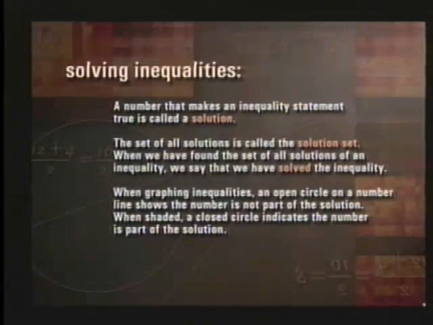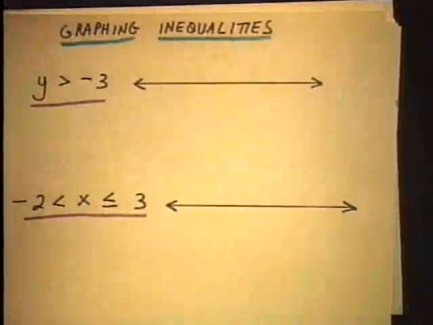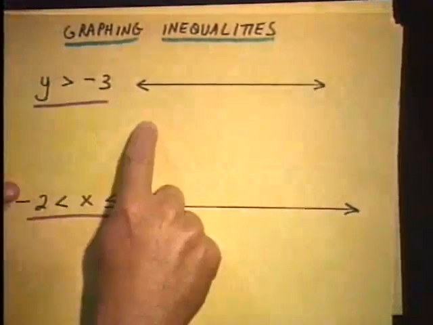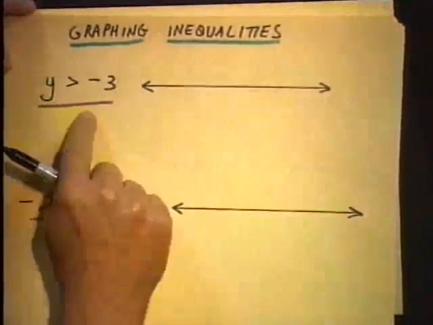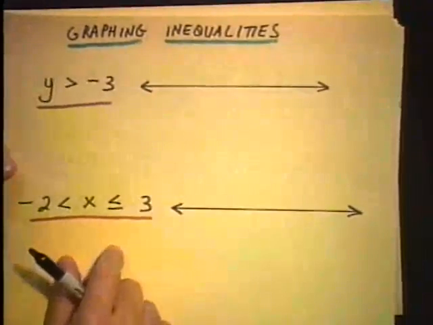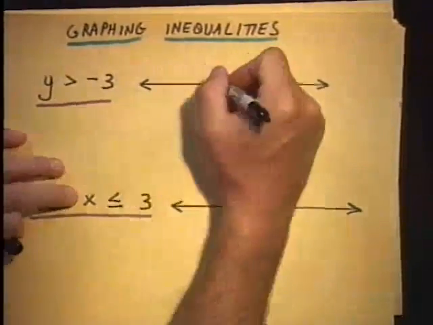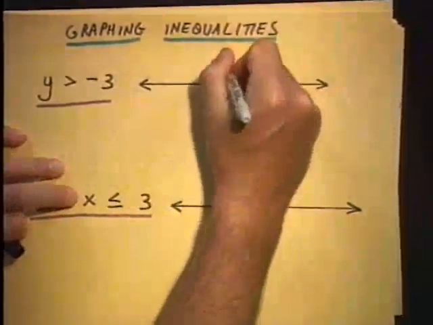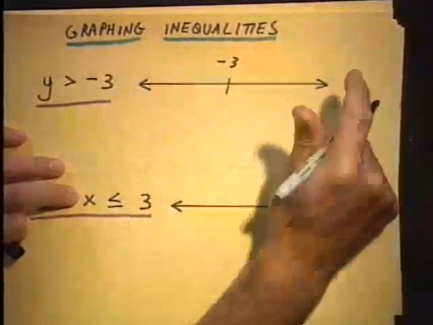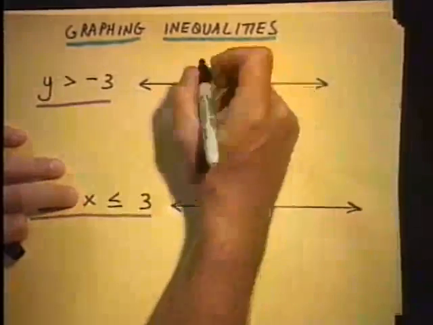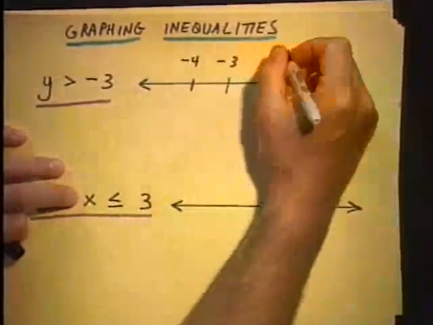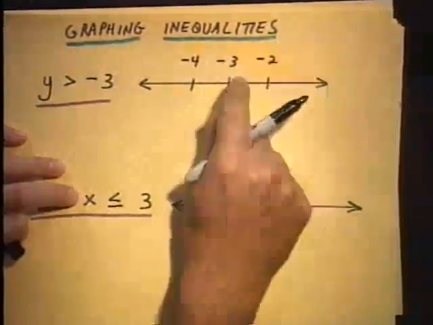All right, so let's go back to some graphing problems again and some examples here. And we've got, in this case, y is greater than -3. Now notice I didn't use all the curly Q notations and all that. This is really the meat and potatoes of the problems here. So we're going to go ahead and put -3 on the number line. And to show the instructor we know our number line order, we're going to put -4 on that side and -2 to the right here.